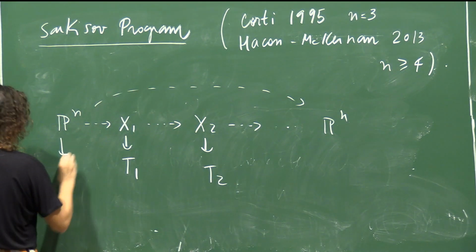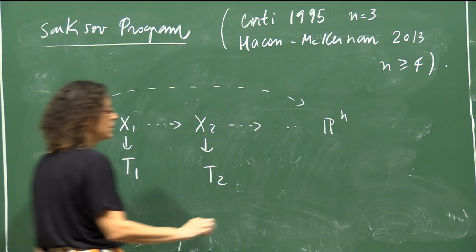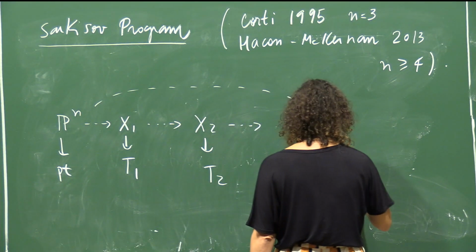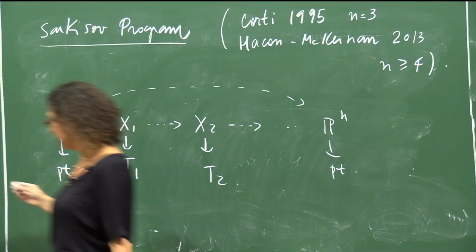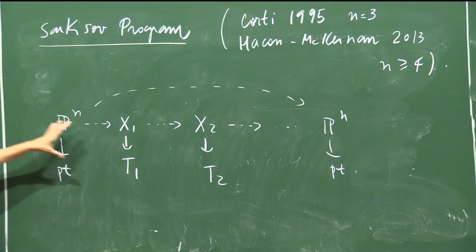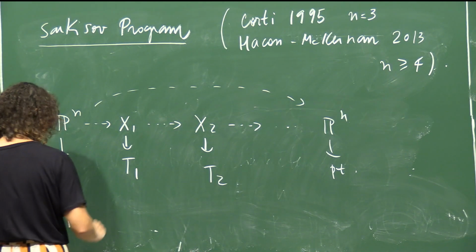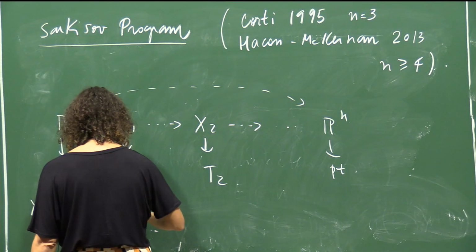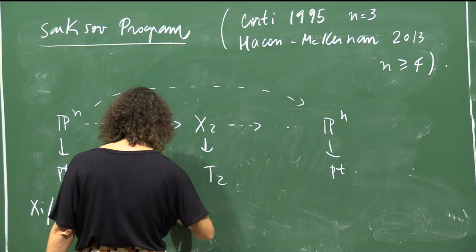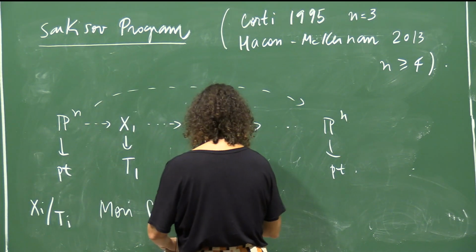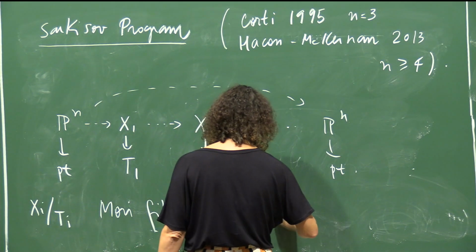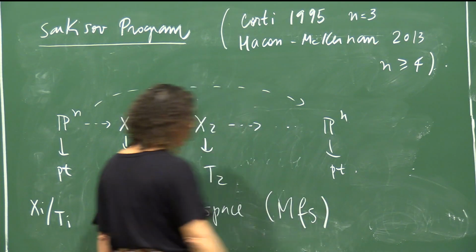In this case here, the fibration is just to a point. So these intermediate varieties, let me call them Xi, are Mori fiber spaces.